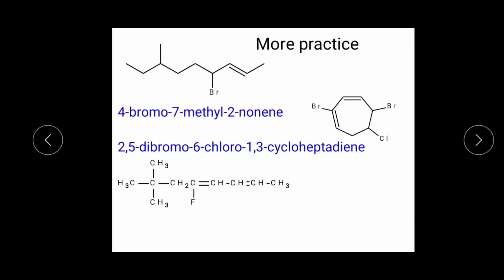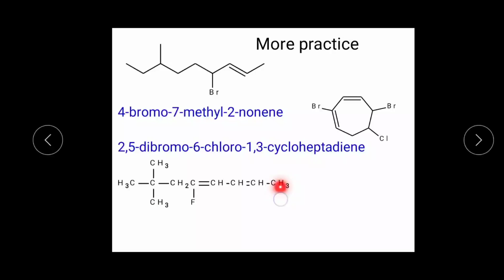For this structure, you're going to name it from right to left, simply because the double bond is located nearest on the right side.